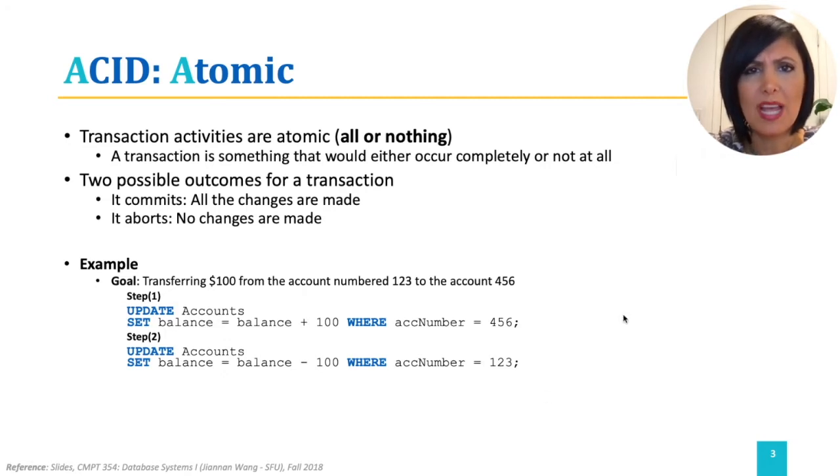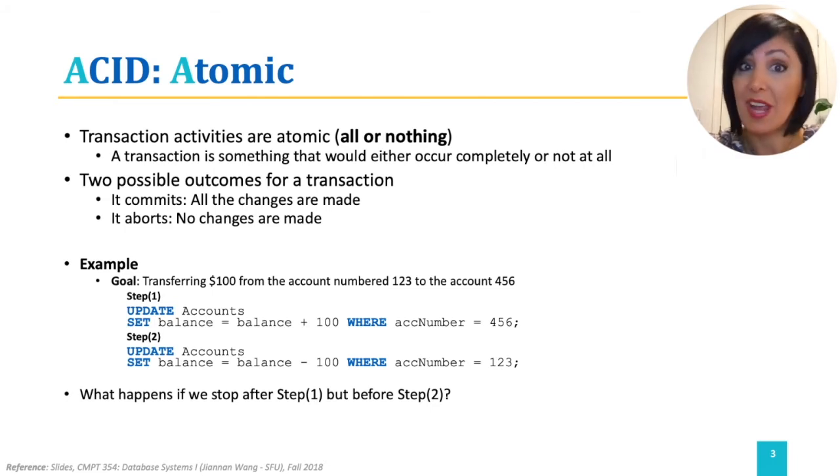So, what happens if we stop after step 1 shown here, but before step 2 is done? We have created $100 on the fly. Atomicity ensures we either do both of such steps, which are part of one transaction, or neither of them.